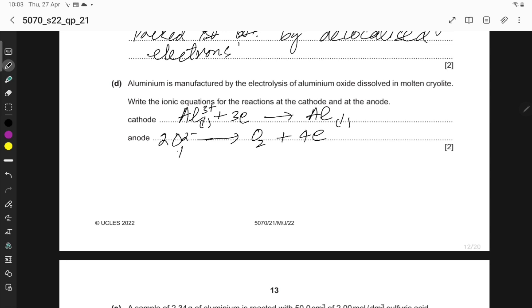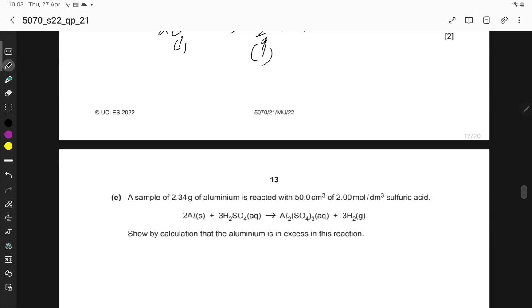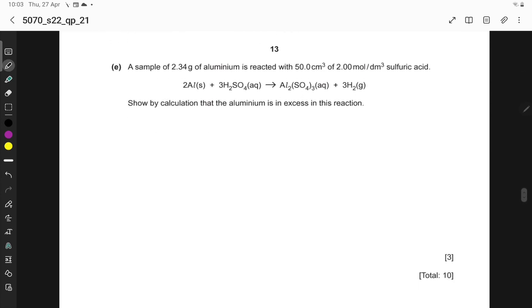So this is at the anode. Anode is the positive plate.